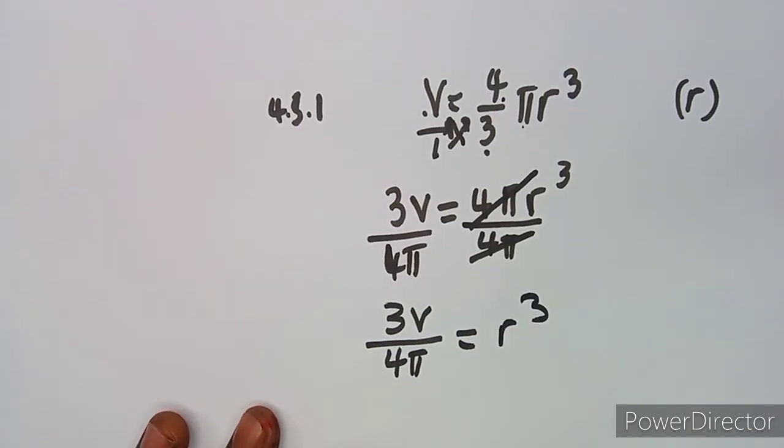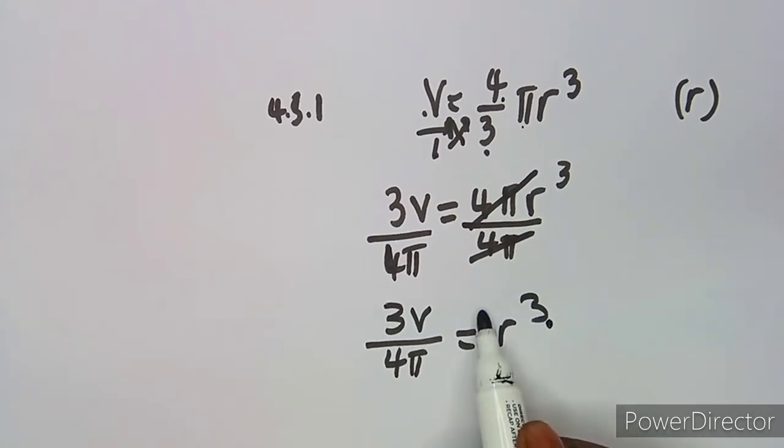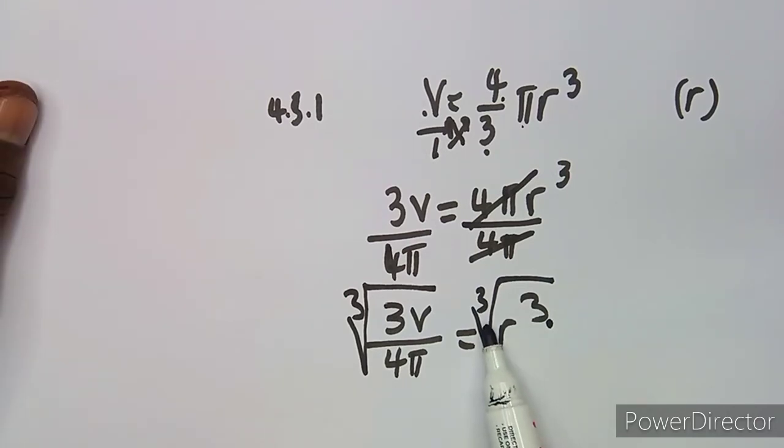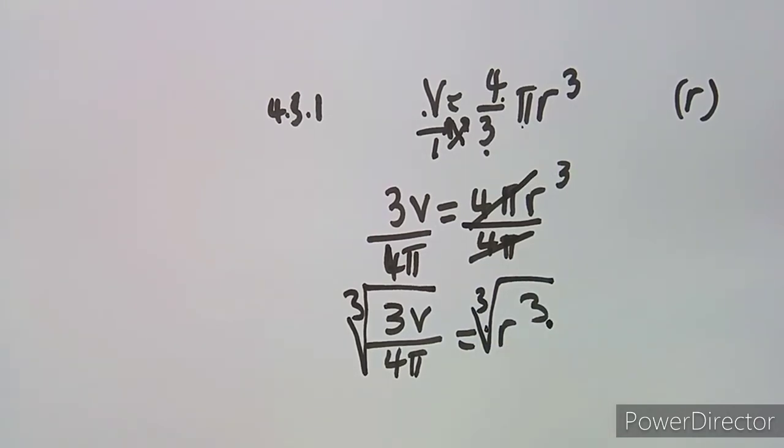So from the information now, how can I find the value of R there? Because of the cube, you can remove this by introducing the cube root both sides. So the moment you introduce this cube root, what are you actually doing?